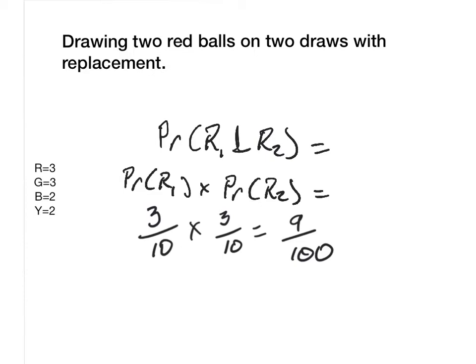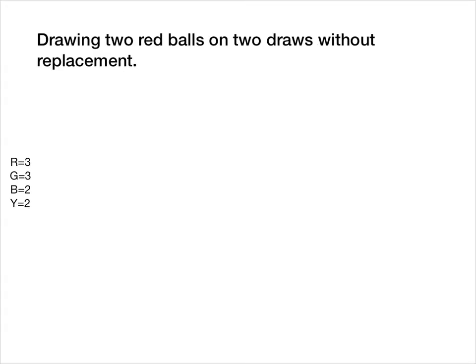So no problems there. Okay, so let's try the next one. The probability of drawing 2 red balls on 2 draws without replacement. Okay, so this changes things a little bit. Now, since it's without replacement, they're dependent events.